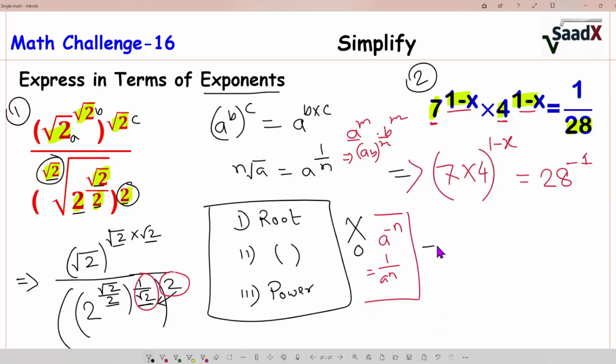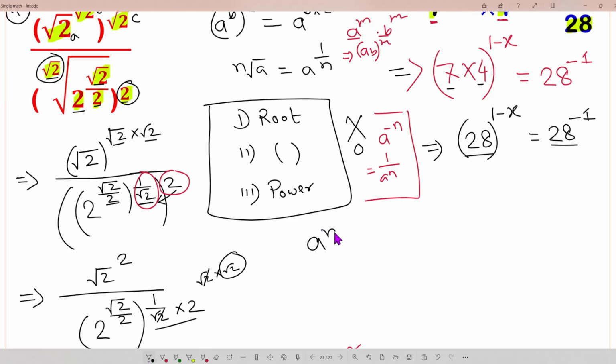Now look, here 7 times 4 is a 28 and whole to the power 1 minus x, and here is also 28 to the power minus 1. So here base are same, both side same base. We know a to the power m equals to a to the power n. That means once base are same, that time power will be equal, m equals to n. Similar thing, we can write 1 minus x equals to minus 1.